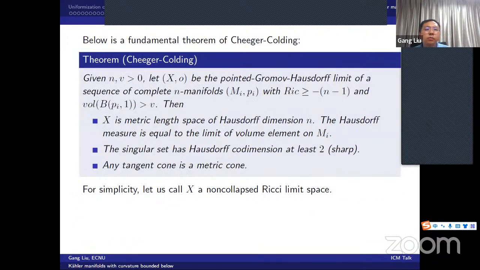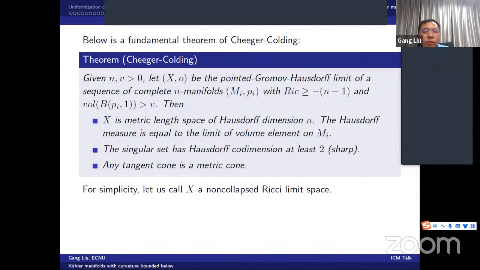Below is a fundamental result of Cheeger and Colding. So let X be a pointed Gromov-Hausdorff limit of a sequence of manifolds with Ricci curvature bounded below. So we consider normalization, and the volume is non-collapsed. Then X is a metric length space of Hausdorff dimension n.